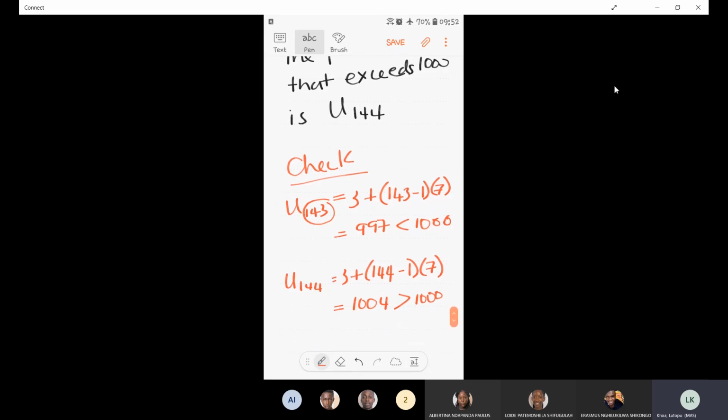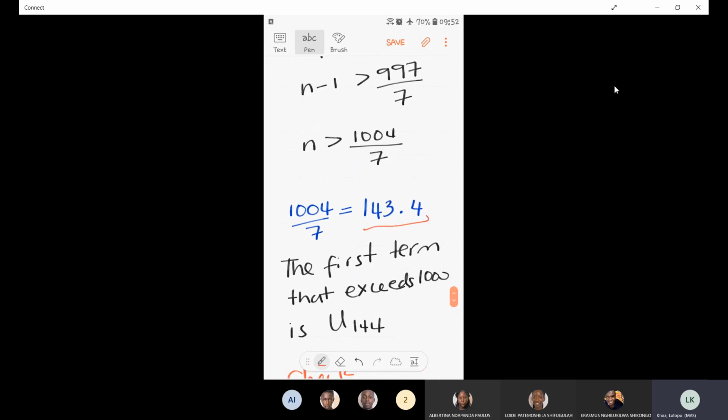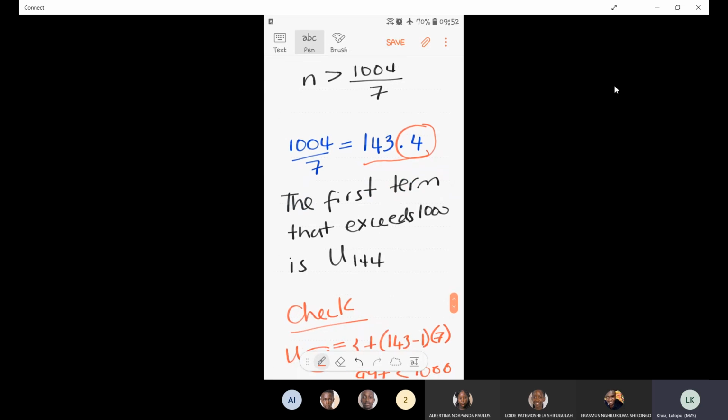Okay, so when you have a decimal like this, and you want a term that exceeds a value that you are given, you have to go to the next term, because you cannot have a decimal term. Terms are discrete, so it's 1, 2, 3. There's nothing in between, just like with people. Okay.